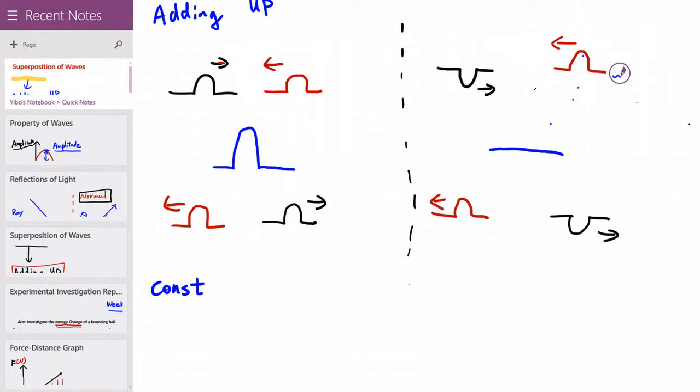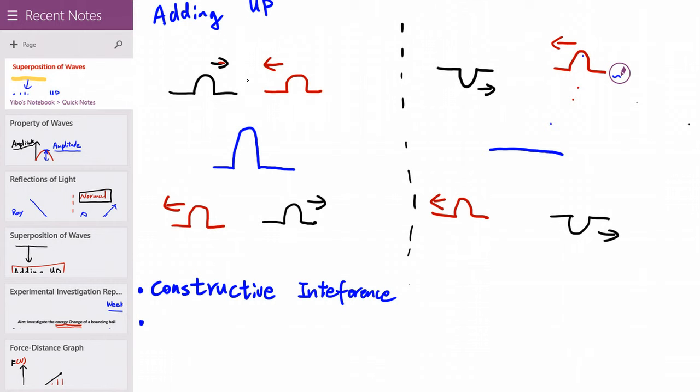They say that the waves met constructively, because there are two waves and they meet in phase. Remember, that's all the words you need to be able to recognize or use.